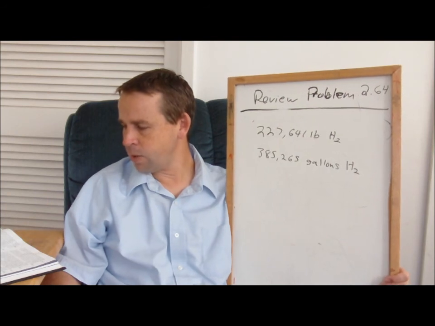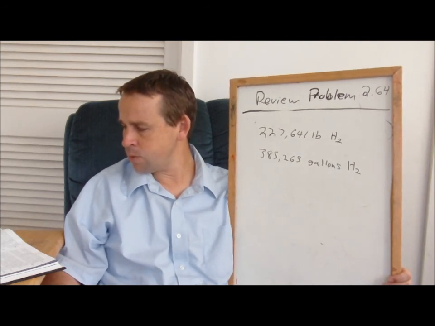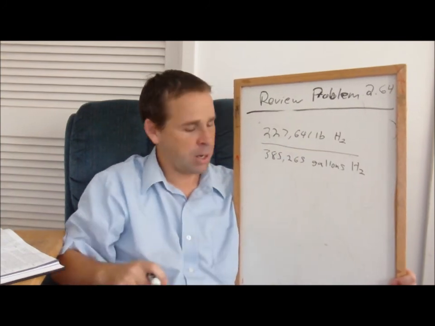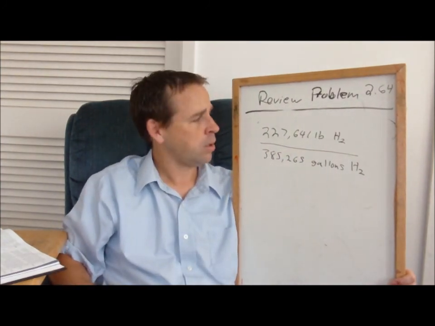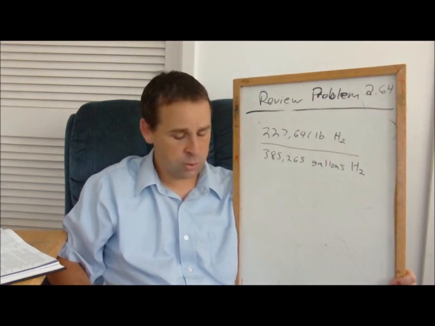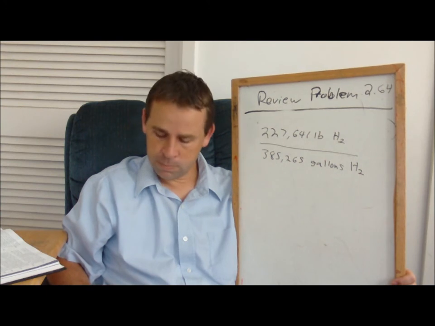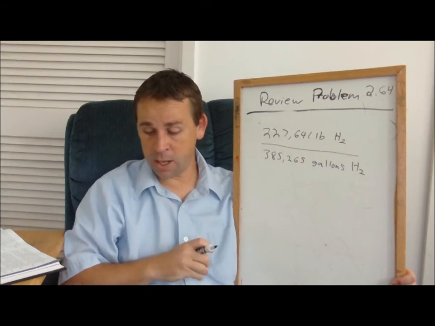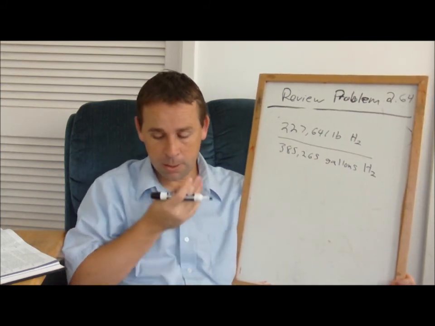Okay. Calculate the density of liquid hydrogen in units of pounds per gallon. To do that, we just take our pounds and divide it by our gallons. That's 227,641 divided by 385,265. So I'm getting 0.591.